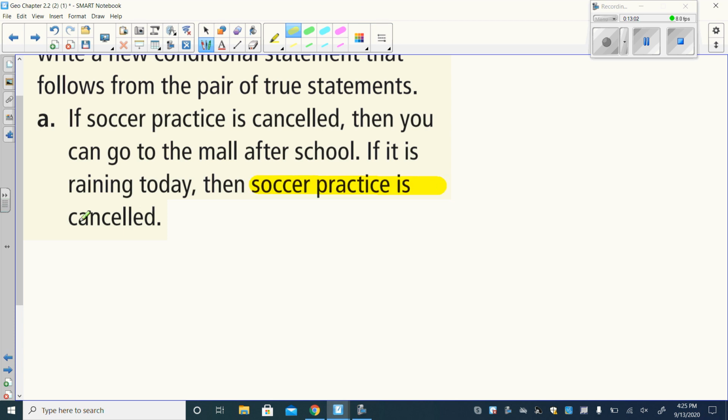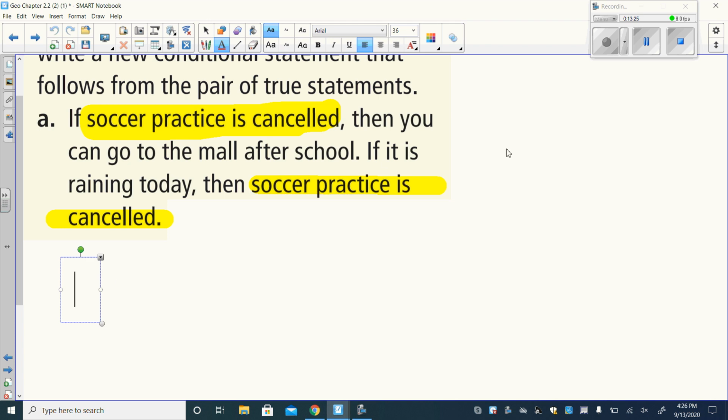So soccer practice is canceled is the main statement. Now the big thing again, is it an if and a then matching up? If soccer practice is canceled, then soccer practice is canceled. So we do have an if and then, which means the law of syllogism will work.